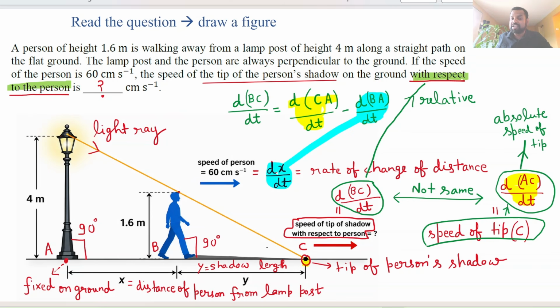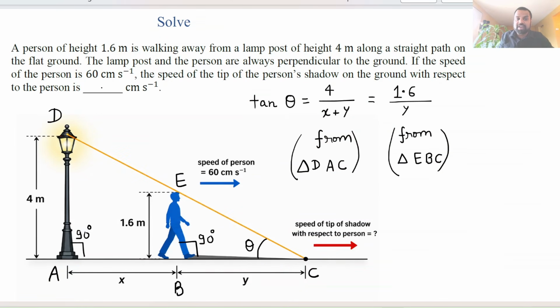How fast the length BC is changing, this is equal to dy by dt. That is what you have to find. So in the answer you will have dy by dt. I will go back here and write, we need to find dy by dt is equal to question mark. And remember, this speed, that is the rate of change of x, dx by dt.